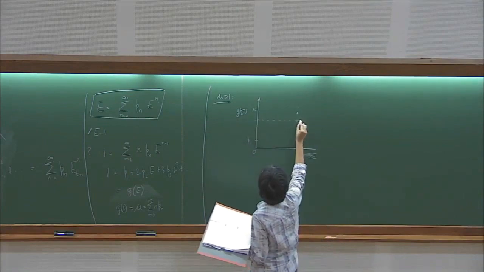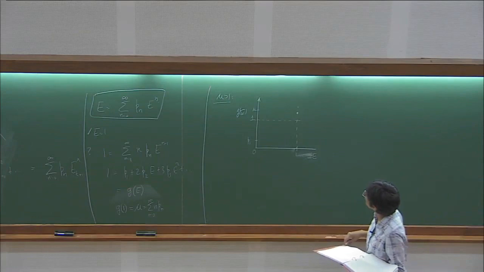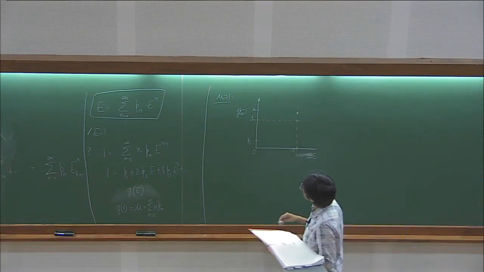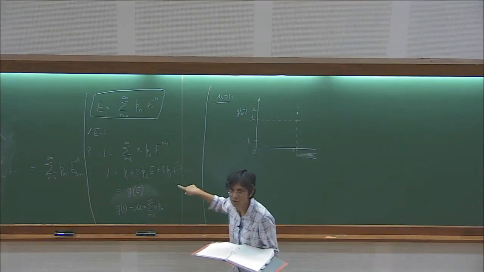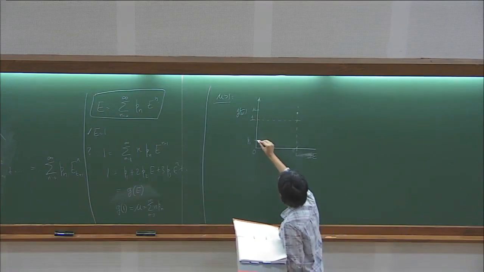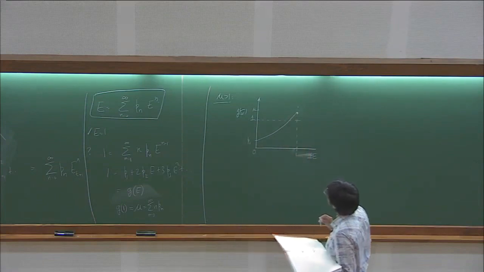So now this is the sum of positive numbers. So G of E must be an increasing function of E. So let's go like this. The solution that I want is the one for which G of E is 1. So this is my solution.